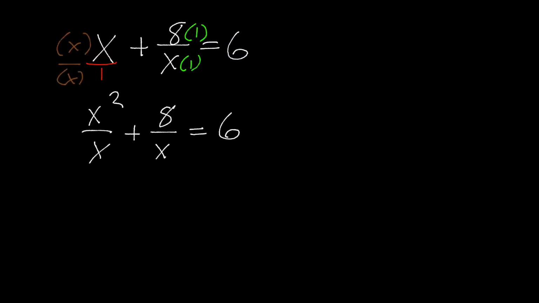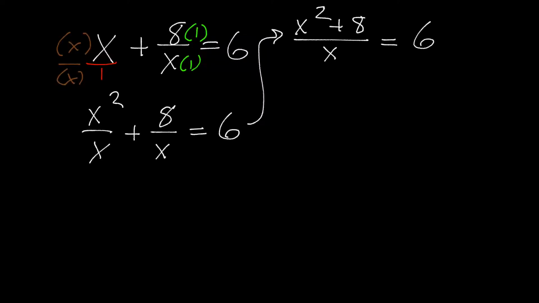Now, since I multiplied top and bottom, everything is good, and I don't have to worry about the 6 just yet. And since I have a common denominator, I can now add these two together. So this becomes x squared plus 8 all over x equals 6.